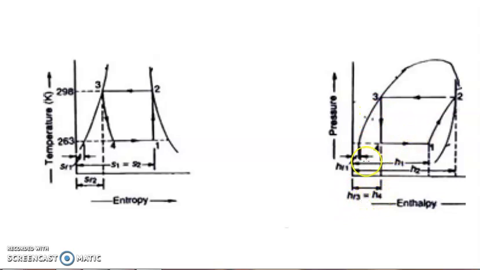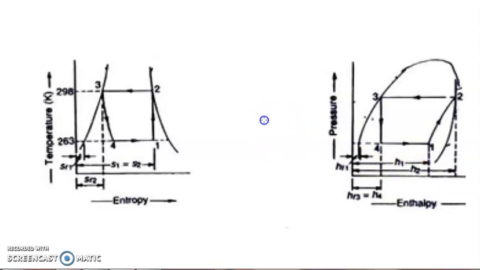And this is HF1, this much only is HF1, and this is H1. So H1 is not equal to HF1. The state 2 lies on the saturated vapor line. We can write H2 or HG2.